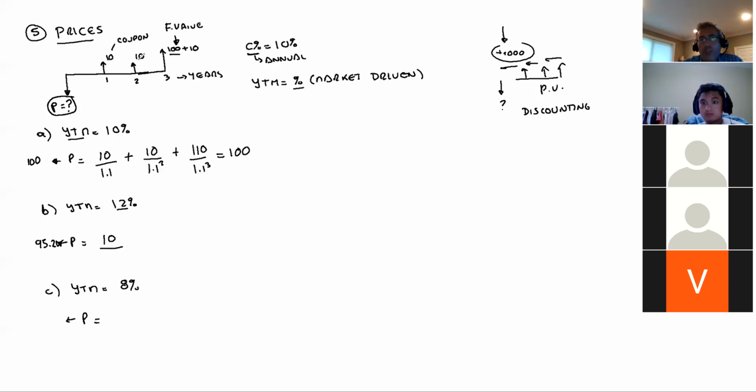The coupon rate is simply to compute the coupons. Once you use it to compute the coupons, you're done. You don't use it anymore. The one you're going to be using all the time is the yield to maturity. The yield to maturity is the one that you use for discounting. So in this case, it's going to be 10 divided by 1.12 plus 10 divided by 1.12 squared plus 110 divided by 1.12 cubed. Correct?